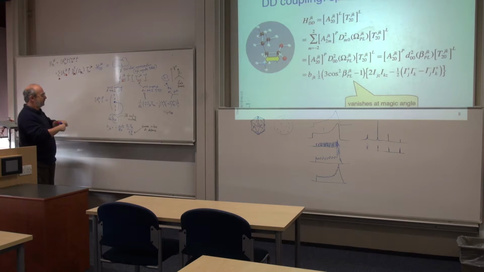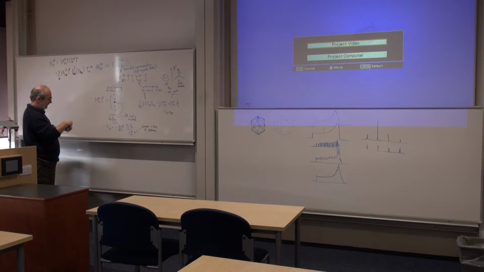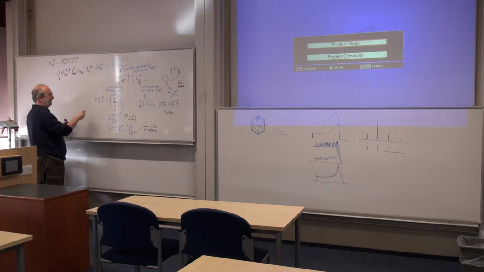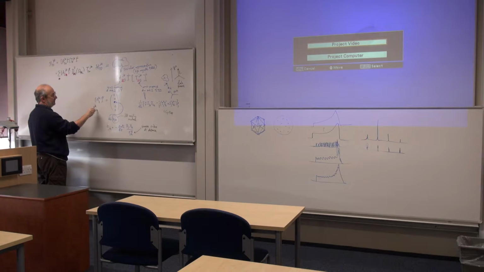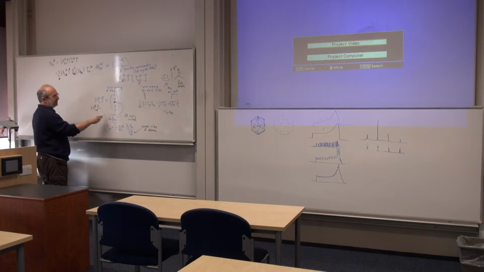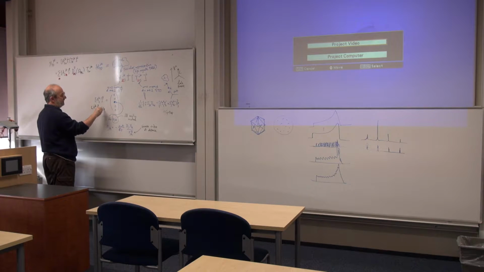Then one can use the property that A2JK, the mth component in its own principal axis frame, is just root 6 BJK and then delta M0.